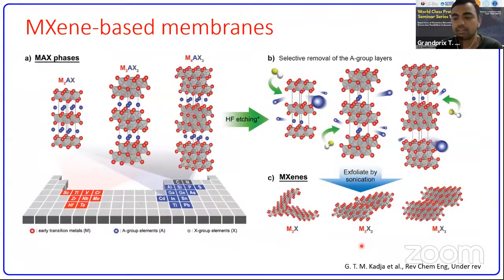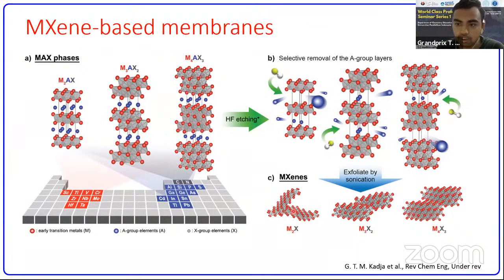This is the second type of dense nanosheet that we could use. It's called MAX phase. Maybe some of you have been familiar, but I believe many of you may not be familiar with these materials because it was discovered in 2011, around 10 years ago. So it is one of the novel materials.